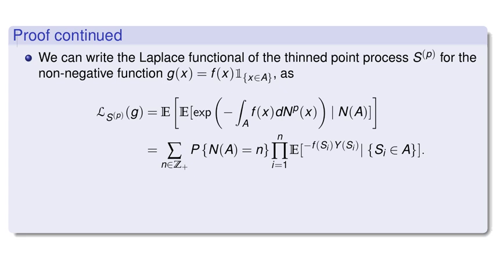This can be expanded as the sum over n in ℤ+ of the probability that N(A) equals n times the product from i equals 1 to n of the expectation of e to the power minus f(S_i) times y(S_i) given S_i is in A.